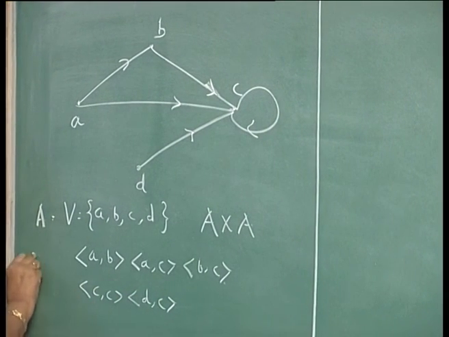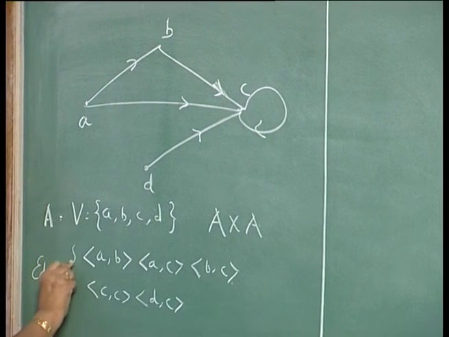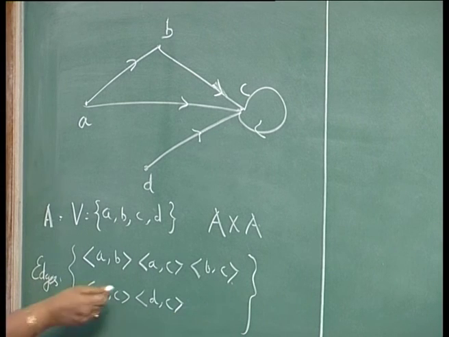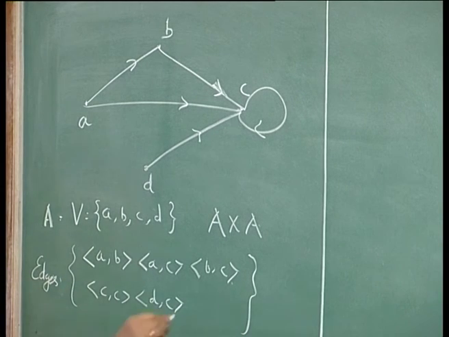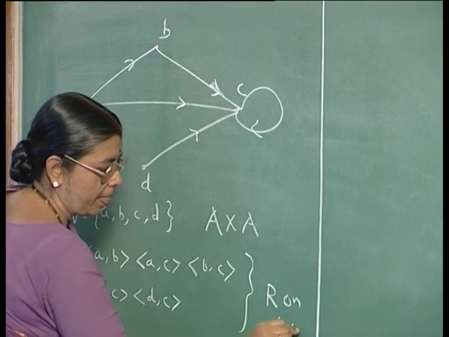So, these are the edges of the graph and they represent a binary relation R on A cross A.